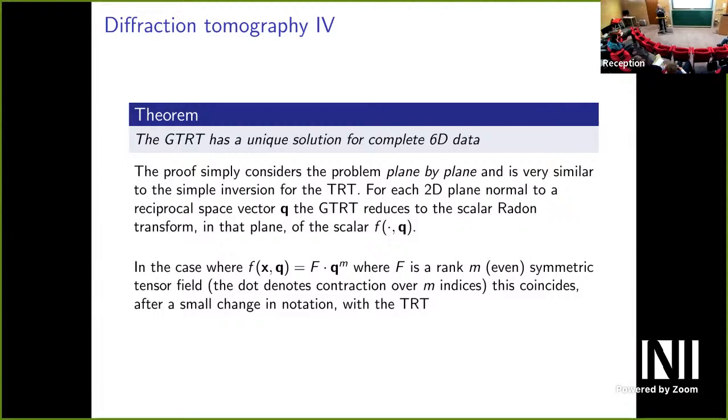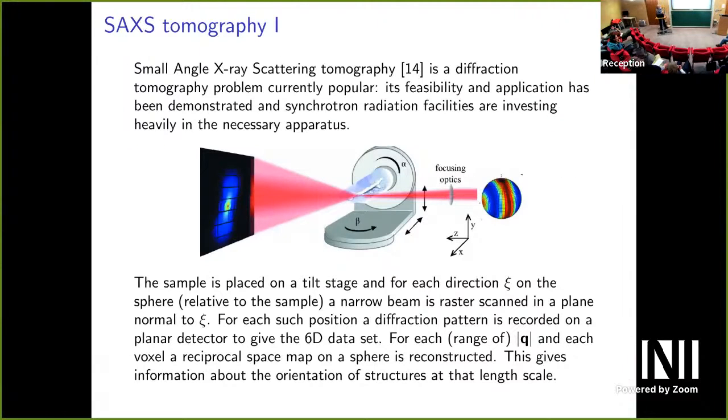This is related to the tensor version, because if you wrote the reciprocal space function as a polynomial in Q, then the components of that polynomial can be a tensor. So this is one particular type of diffraction tomography, because we could use variously X-rays, neutrons, or electrons.